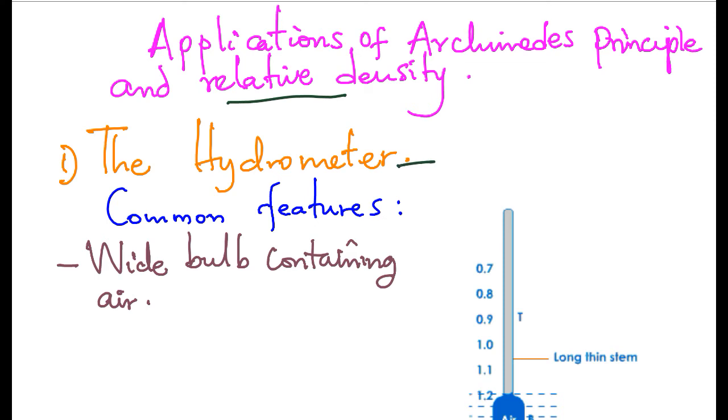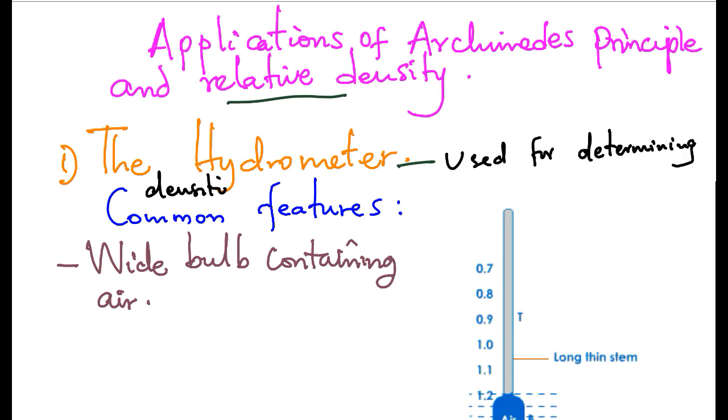Hydrometer is used for determining densities and relative densities directly, without any calculations. It has common features that enables it to perform this.